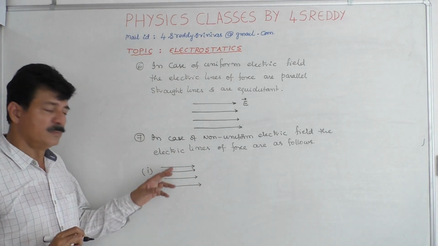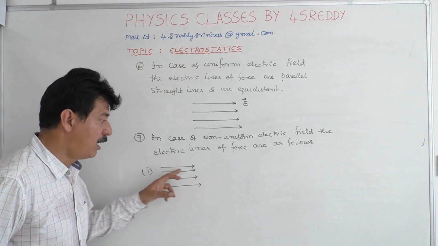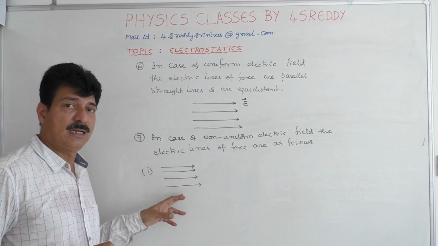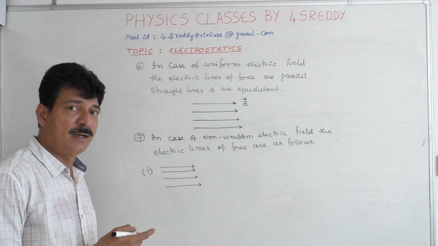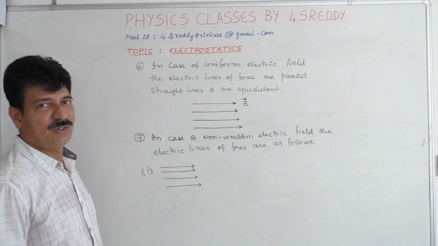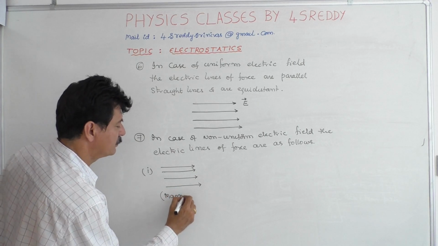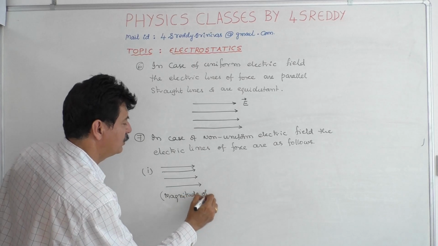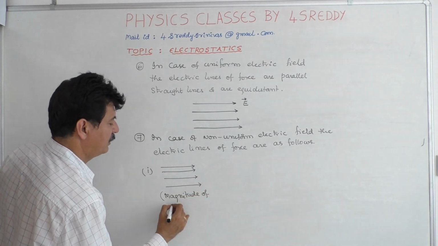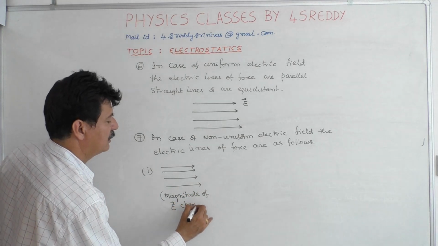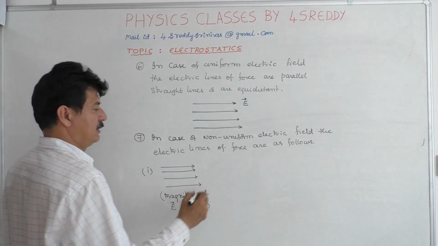Here, all are in the same direction, but the spacing between the lines of force is different. Therefore, the magnitude of E changes, so it is non-uniform. The magnitude of electric field intensity changes.